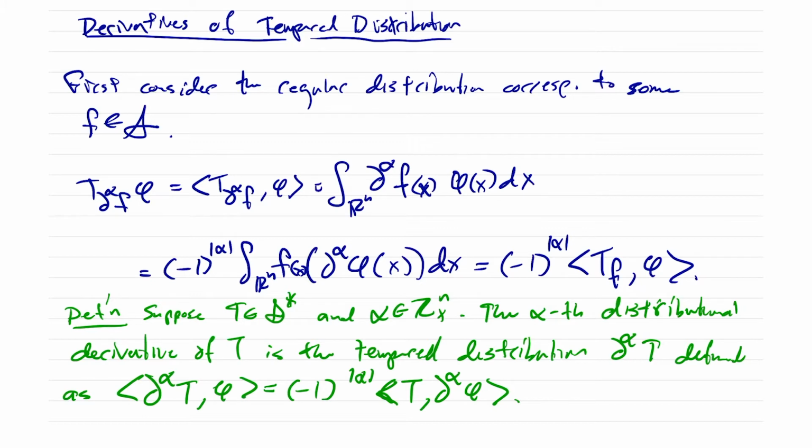So this allows us to do things like define derivatives of the delta function, and second we're going to talk about the Heaviside step function. All of these are functions that don't traditionally have derivatives, but they admit a tempered distributional derivative.